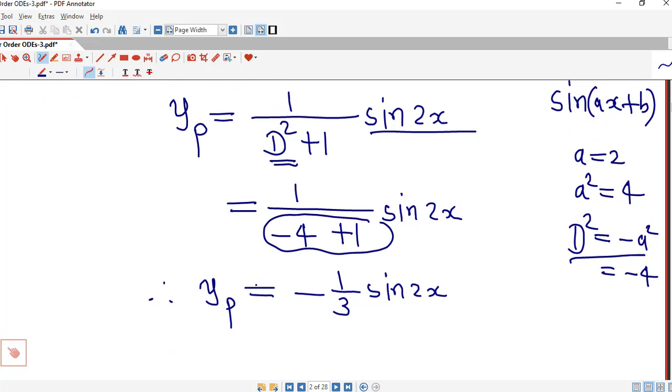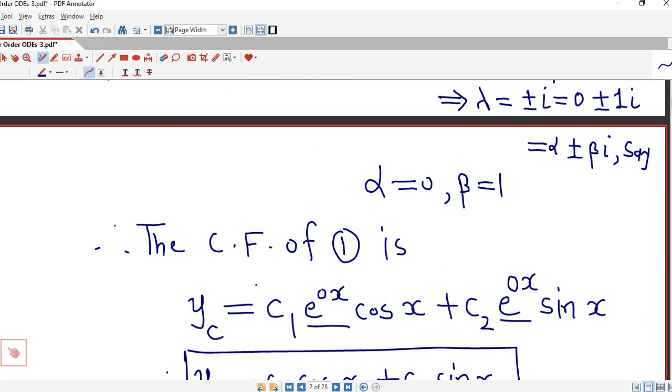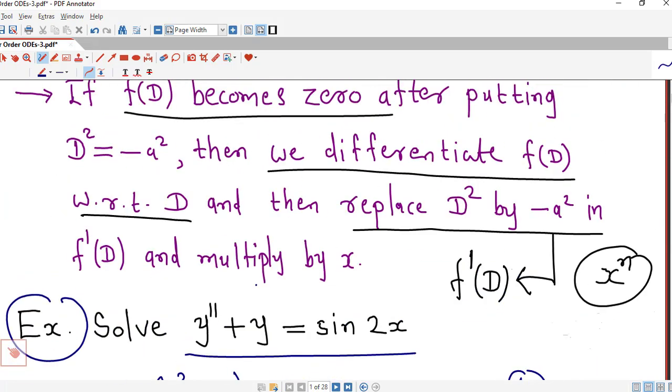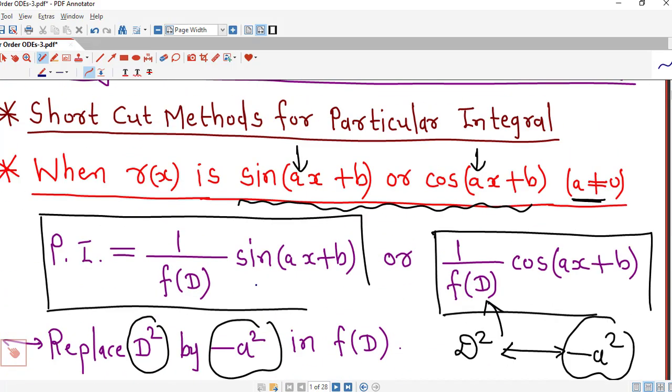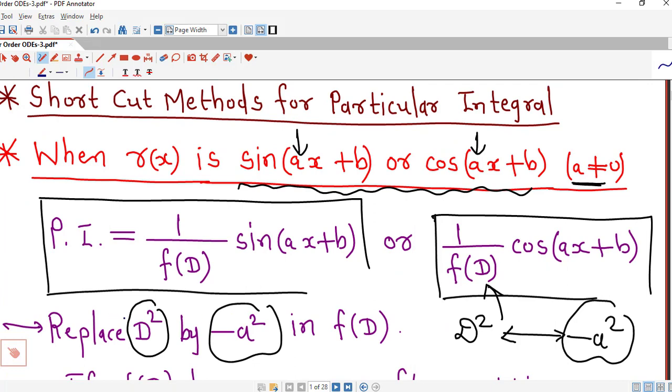So in this way we can find the particular solution if the right hand side is sin of ax plus b or cos of ax plus b. All we have to remember is we will replace D square by negative of a square, and be careful, we are not replacing D square by square of minus a. This is not correct.